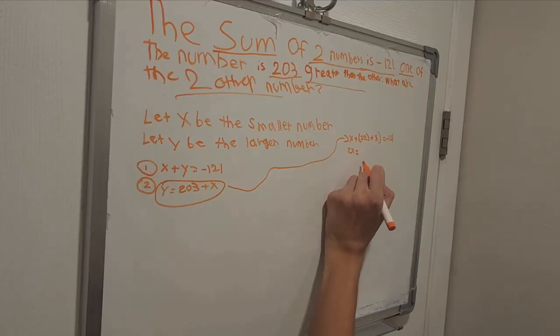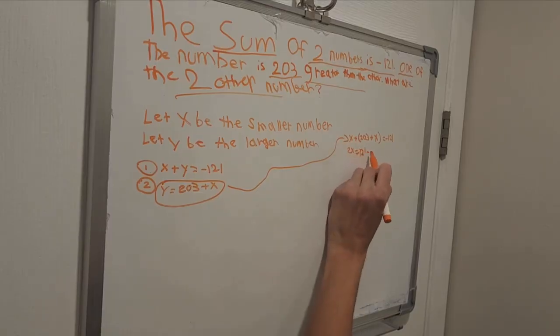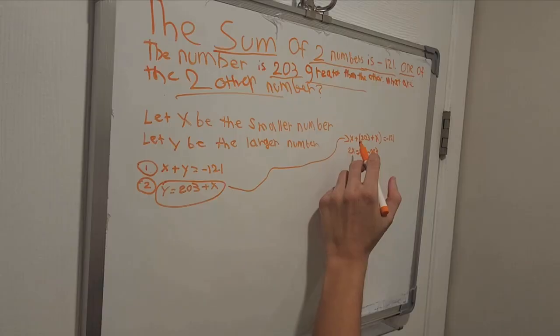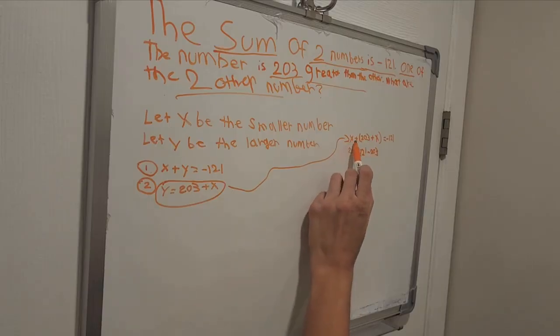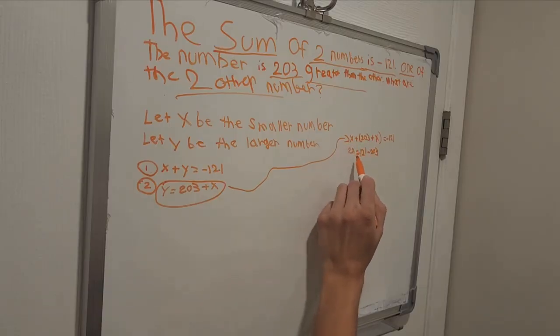Oh yeah, it works. 2x equals negative 121 minus 203, because x plus x equals 2x.